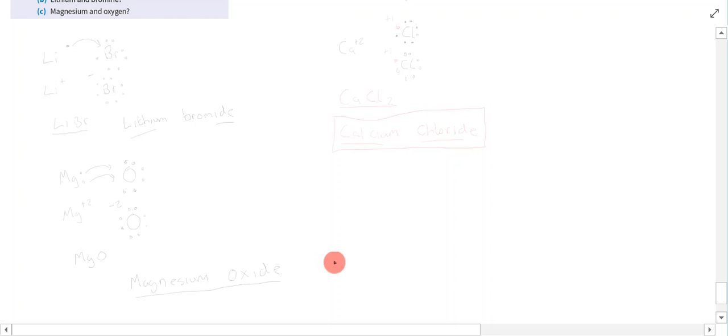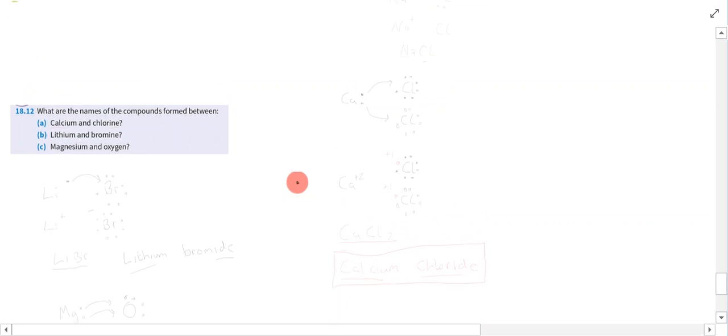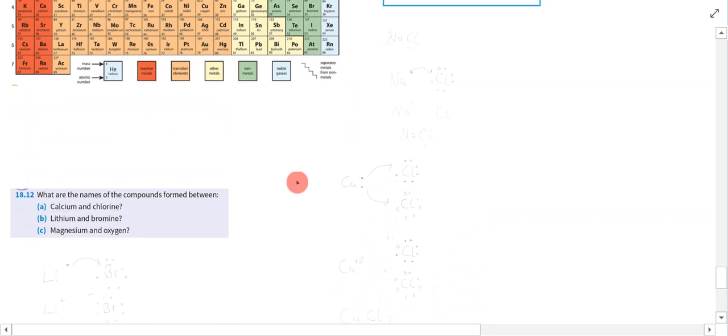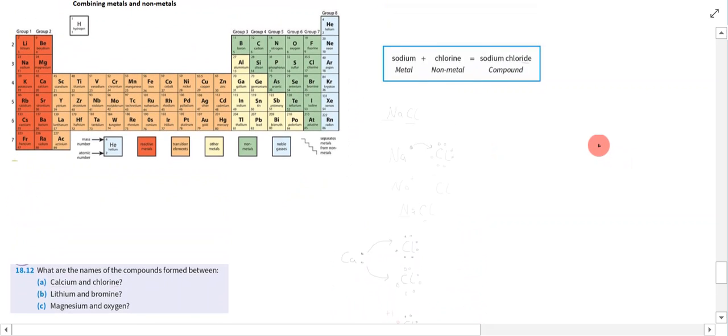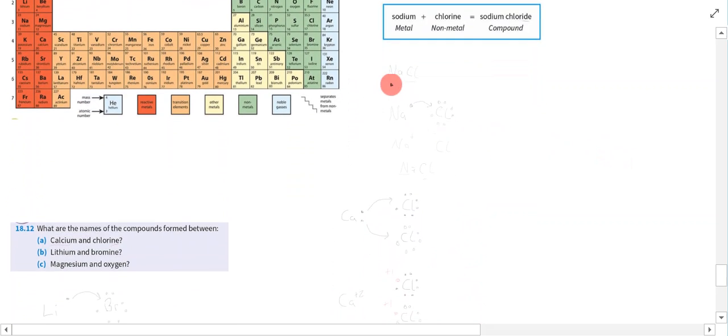Now, another important thing to think about as well is the ratios of the bonding between the atoms. If we take the case of sodium chloride, for example, that's bonded in the ratio of 1:1. So you have 1 atom of sodium bonded to 1 atom of chlorine.